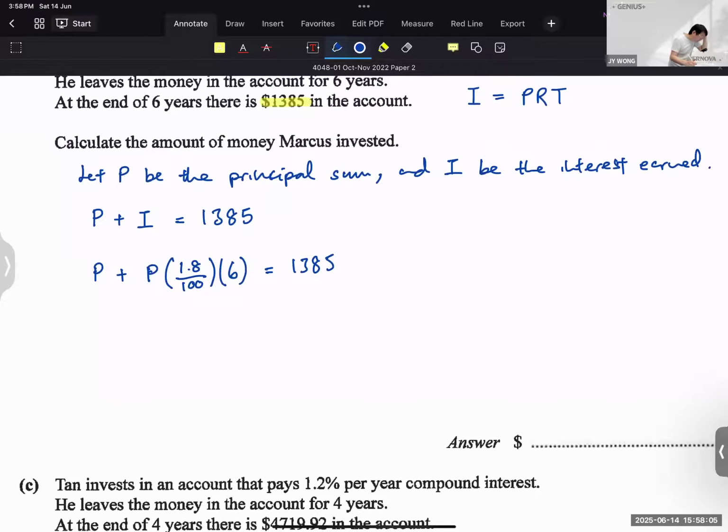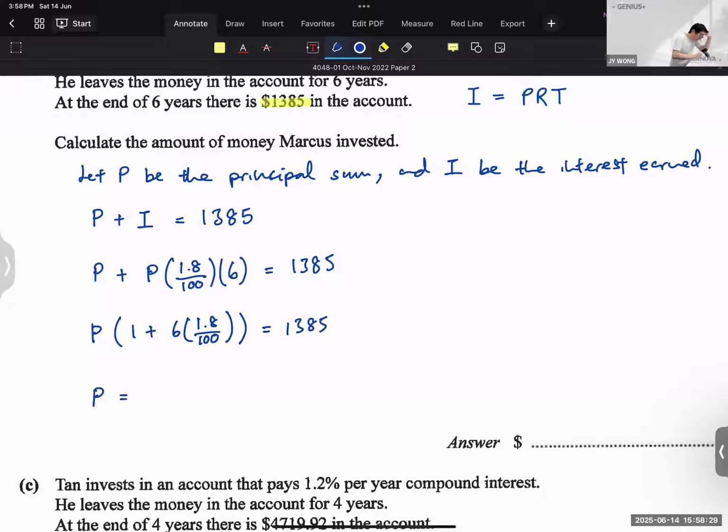Okay? From here, what you need to do is to factorize out the P. So you will get P times 1 plus 6 times 1.8 over 100, right? Is equal to 1385.